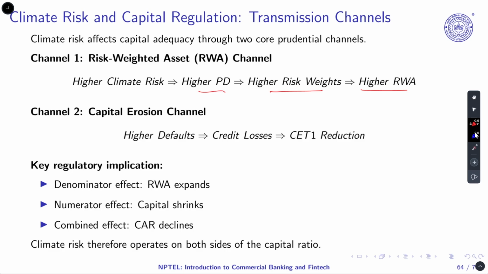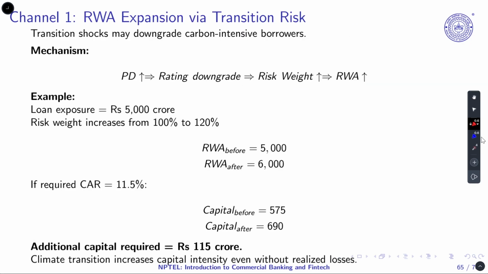But before that, I think we can think about one example here. Transition shocks may downgrade carbon intensive borrowers. So when probability of default increases, a rating downgrade happens, and this will further increase the risk weight. For example, if the total loan exposure is 5,000 crore, the risk weight increases from 100 to 120%, right?